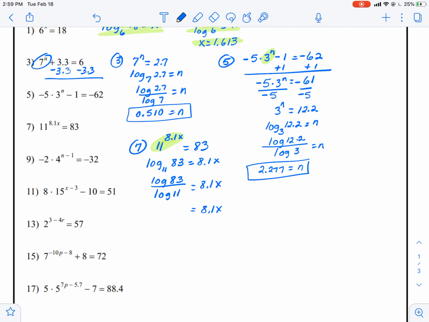Always check my numbers because I'm horrible with sometimes typing in the calculator. 1.843. Now I'm going to divide off that 8.1. So one of the things about these type of equations versus the equations we've had in the past is that a lot of them are not exact on there.